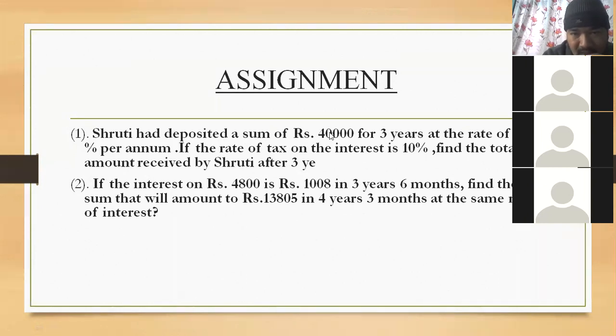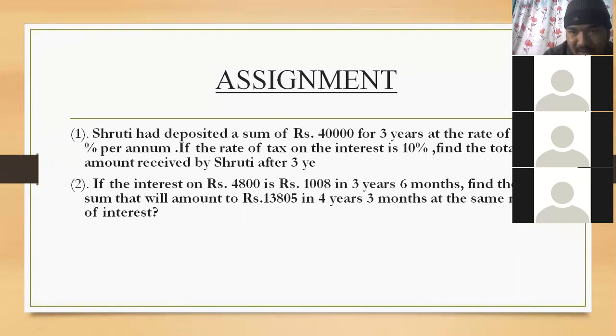At the top only, there is 40,000 as principal. Look: 40,000 into 3 into 8 divided by 100. It will come 96,000 divided by 10, it will be 9,600. We have to divide. That is the interest only. Then we can find out tax. Tax also we have to find out.